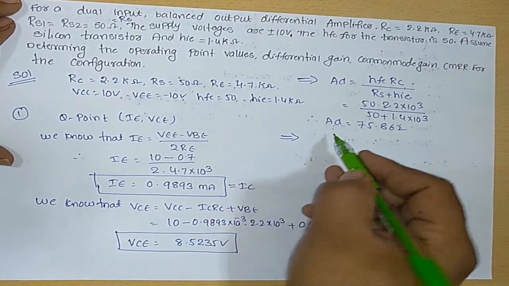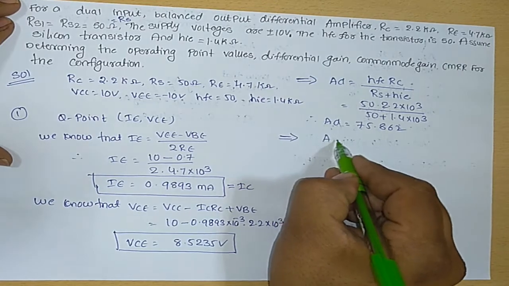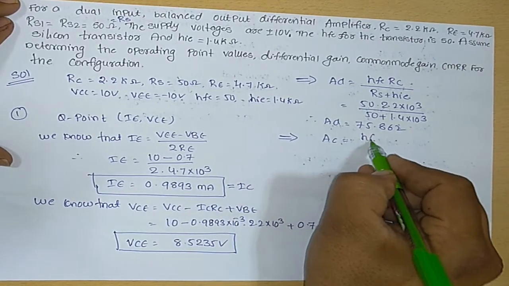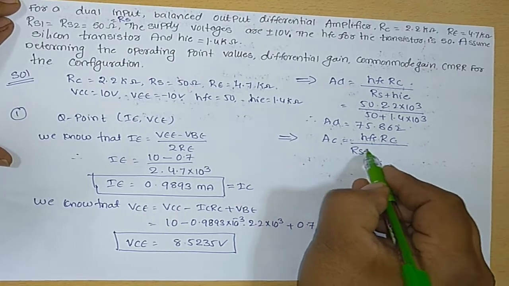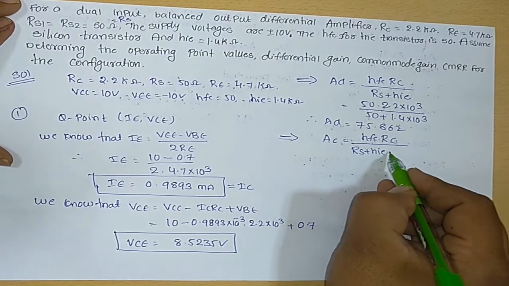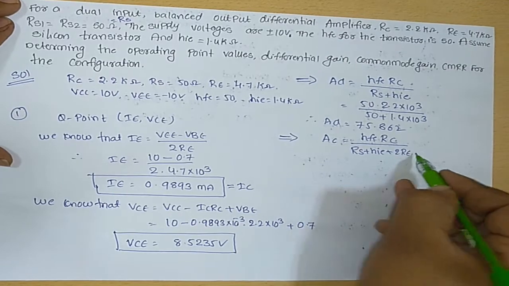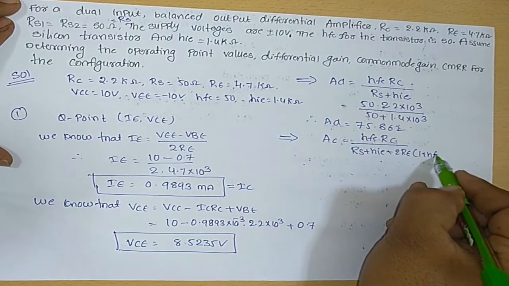Next we are estimating the common mode gain with respect to the hybrid parameters. We derive the common mode gain of the differential amplifier, AC equal to HFE into RC whole by RS plus HIE plus 2RE of 1 plus HFE.